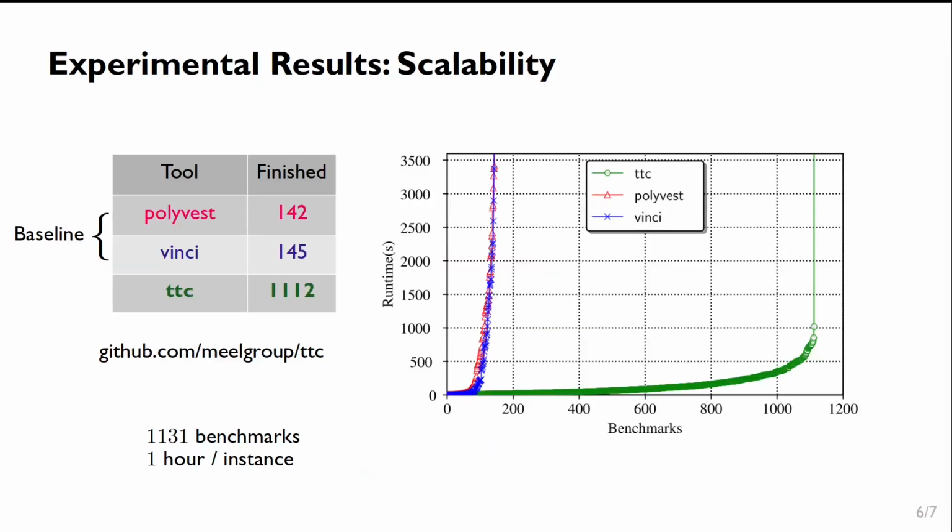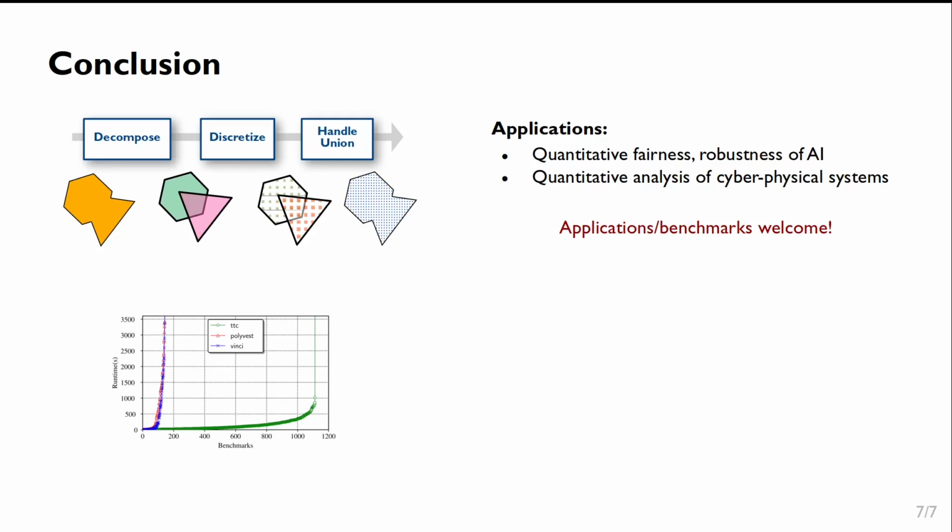Our algorithm works really well in practice. This can solve 8 times more instances than the existing tools could have solved. To conclude, we have solved an interesting problem which comes with theoretical guarantees and works really well in practice.